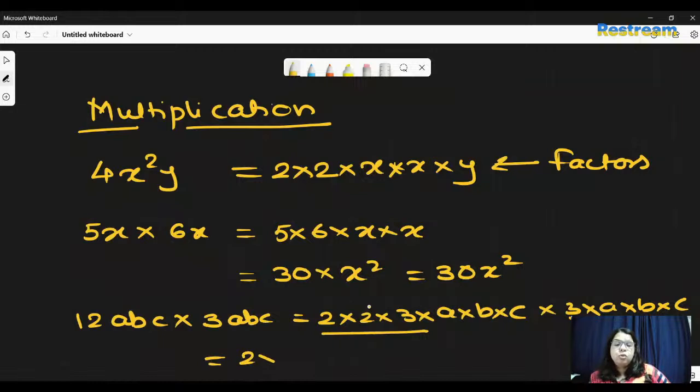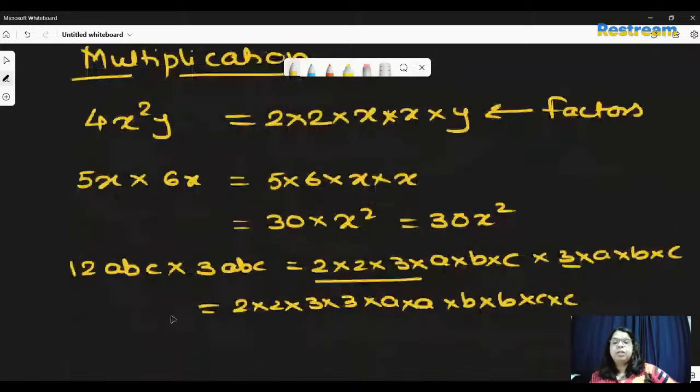So I have 2 into 2 into 3 into 3 into a. I will take similar variables together, b into b into c into c. So my final answer is going to be 36. Two a's will make a square, two b's will make b square, and two c's will make c square. We have learned this when we were learning exponents.